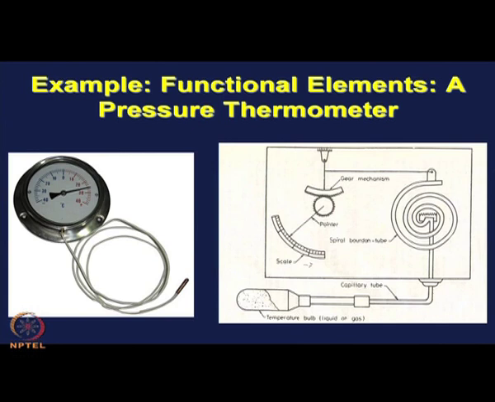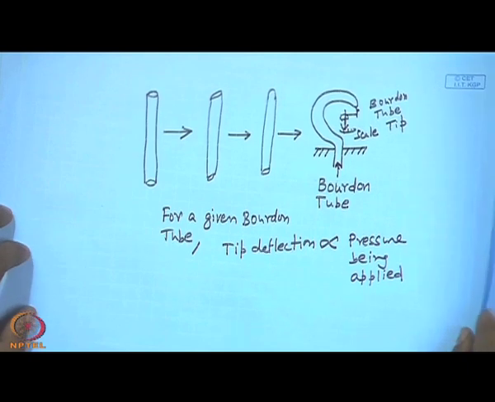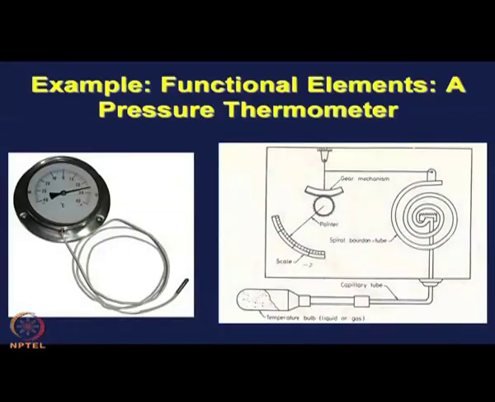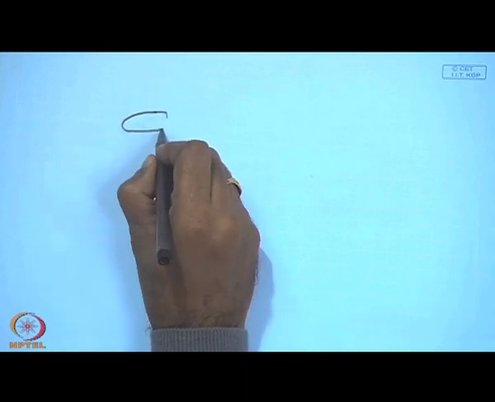So, let us now try to break down the instrument into its various functional blocks. Let us redraw the figure here. We have the bulb of the pressure thermometer.